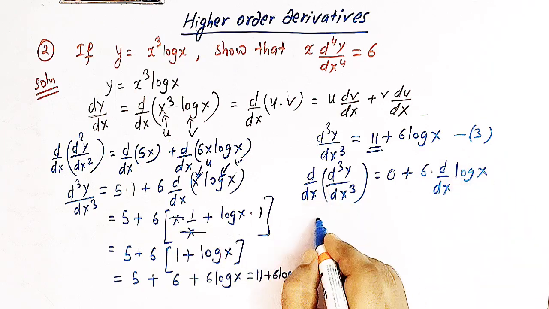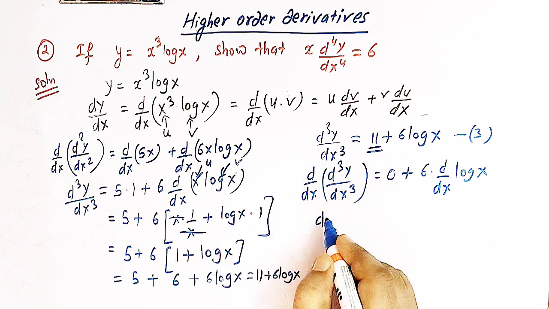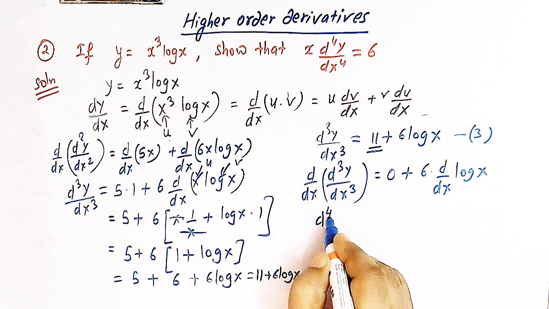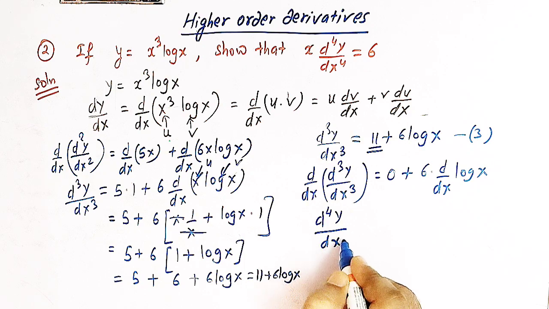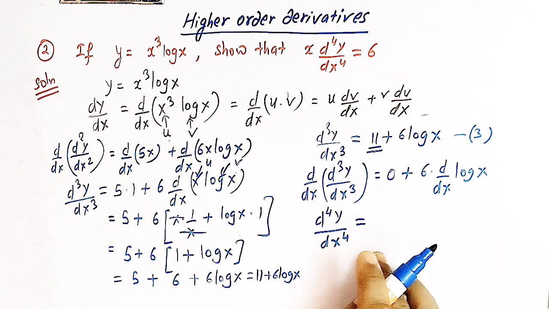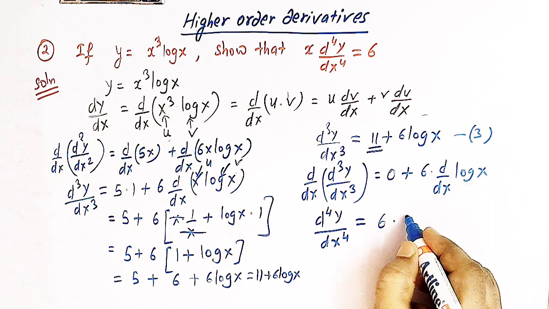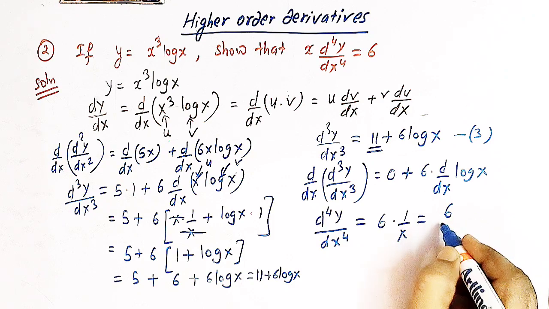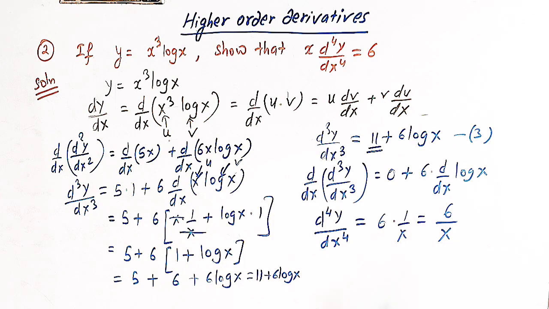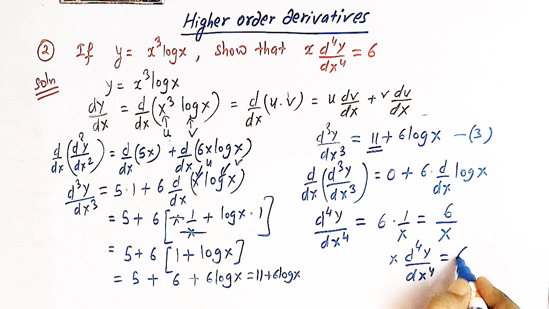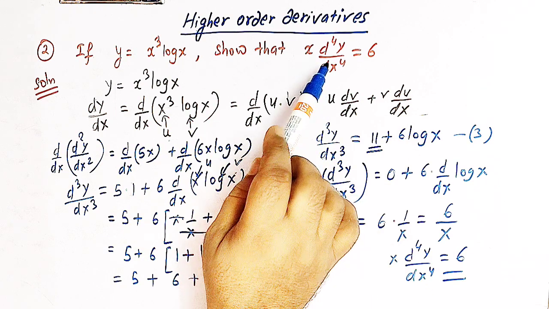So here we have the notation for the fourth derivative as d4y over dx4, and here we have 6 times the derivative of log x, which is 1 over x, so this is 6 over x, right? So multiplying both sides by x, we have now x times d4y over dx4 is equal to 6, and this is the required result which is to be proved.